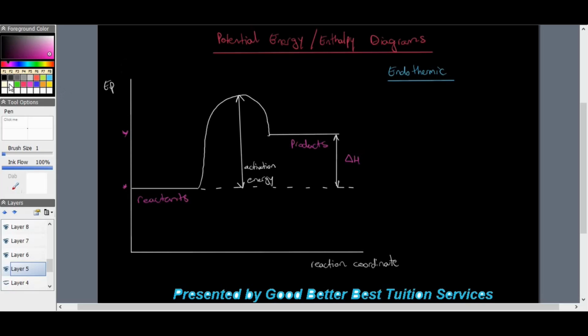Now what happens is the same thing. I'm going to use a different color. If this reaction is now catalyzed, of course we lower the activation energy. So I'm going to draw a dotted curve. There we go. That indicates that I've lowered the activation energy.